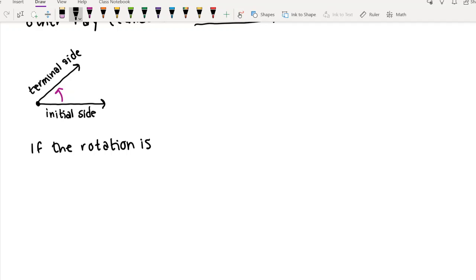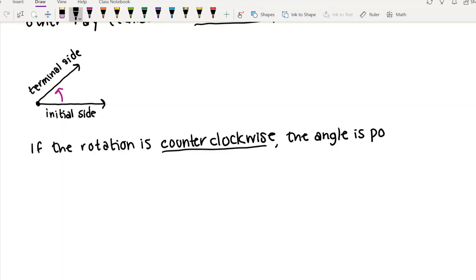So the arrow that I drew here, going from the initial side to the terminal side, is counterclockwise because that's not the direction that the clock hands would go. So if the rotation is counterclockwise, the angle is positive. The angle that I drew above in purple is an example of a positive angle.